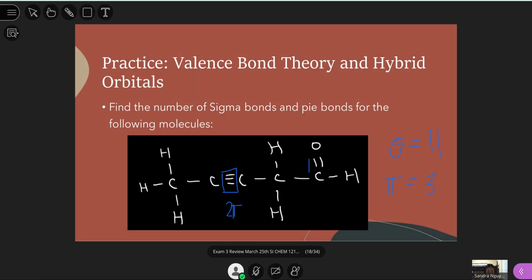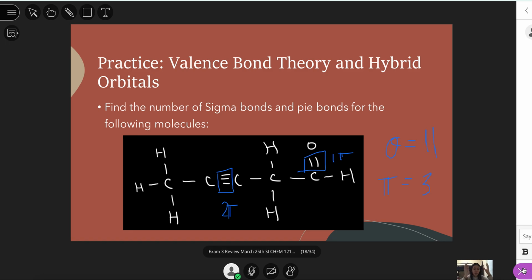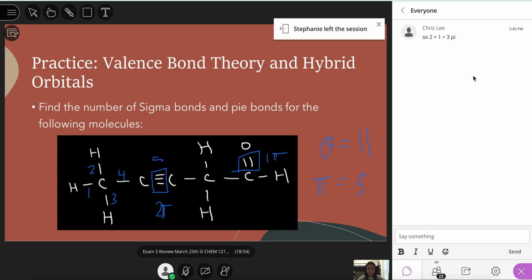You have 1 here. Double bond. That's just going to be 1 pi. A regular single is just going to be a regular sigma bond, and that will just count as 1. And then the double and triple count as just 1 each. Yep, exactly. The 2 plus the 1 will equal the 3 pi's that we have. And then every other single one is just going to equal the 11 that we have. You keep counting all of them, 5, 6, and so on. It goes all the way to 11, basically.